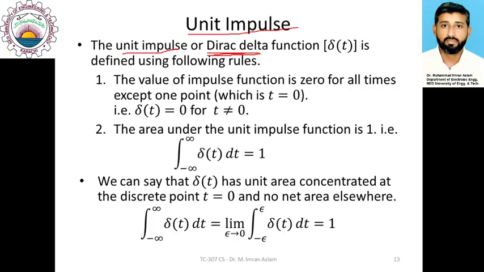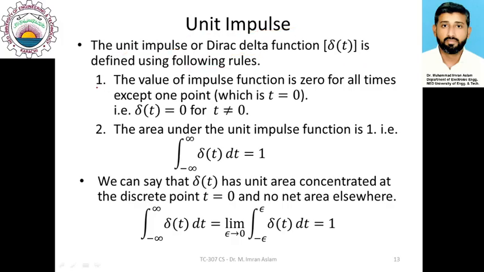Strictly speaking, it's not defined like a function. Rather, it is defined on the basis of some rules. This function delta(t) is defined in such a way that it satisfies certain properties. It does not have any specific value, but it has to satisfy these two properties.